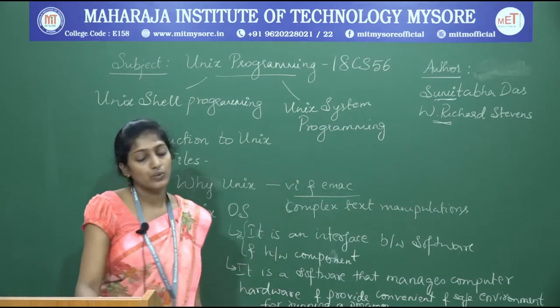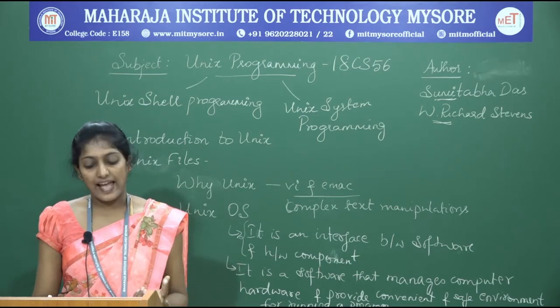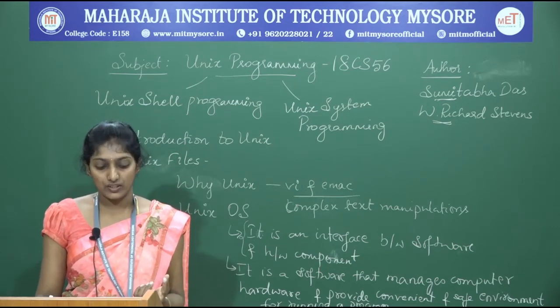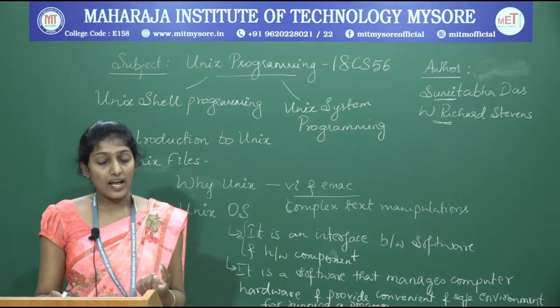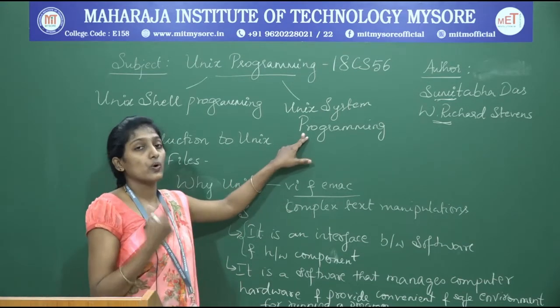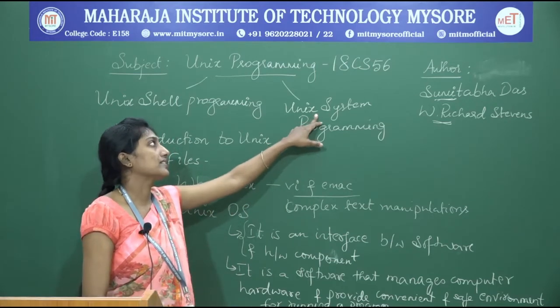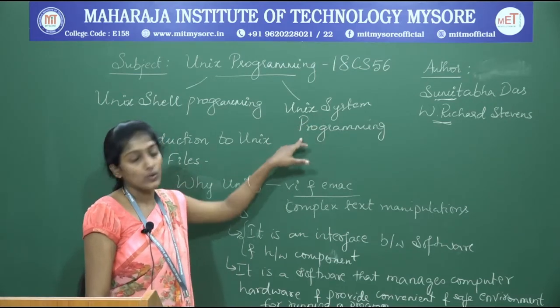Coming to Unix system programming. It is the activity of programming a computer system software. If the user wants to program the computer system software itself, then you need to understand system programming.